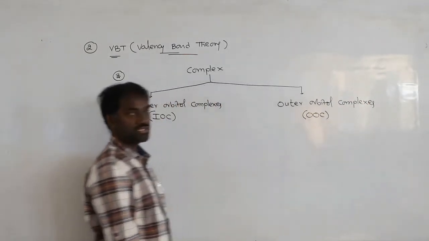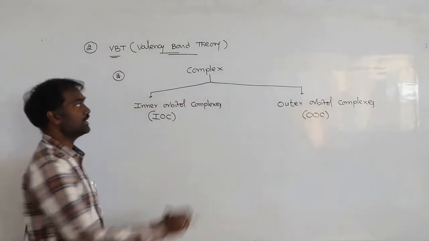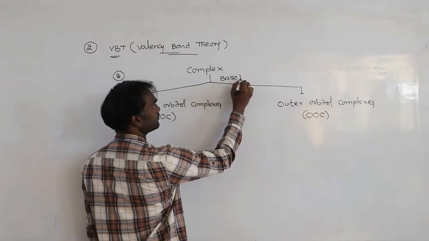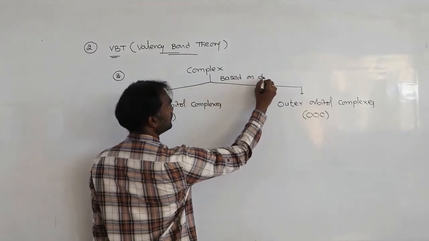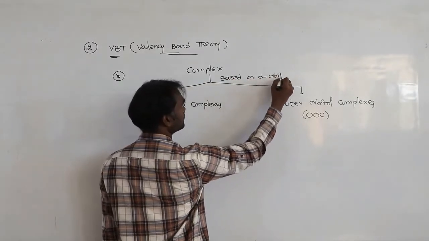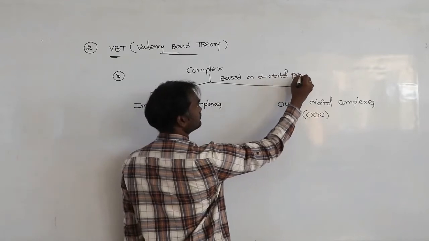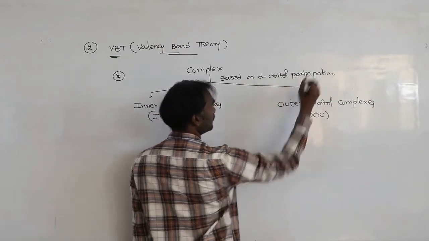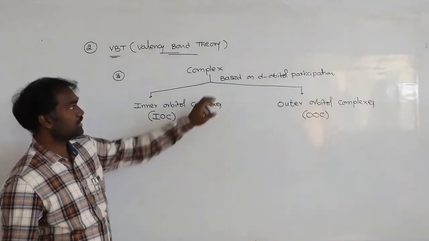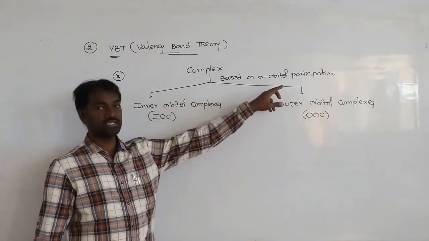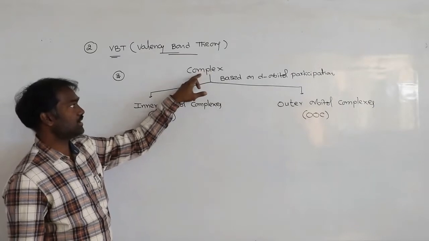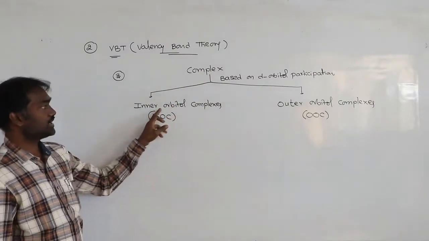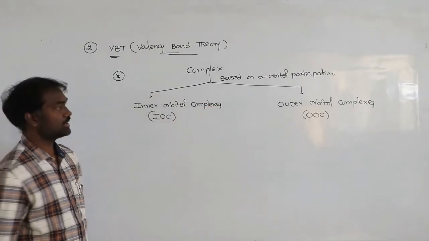Based on which condition? Based on the d orbital participation. So in VBT, according to d orbital participation in the hybridization, the complexes are classified into two types: inner orbital complex and outer orbital complex.